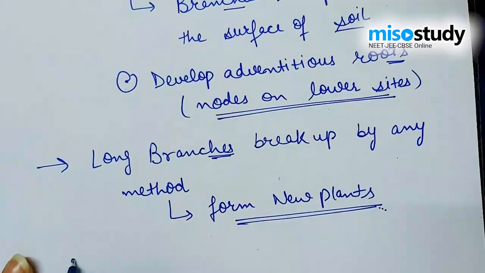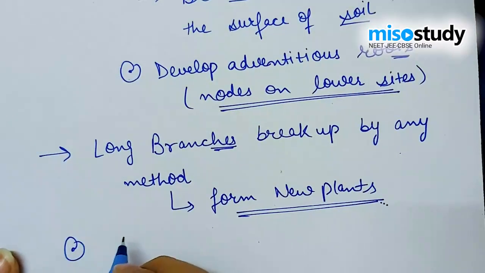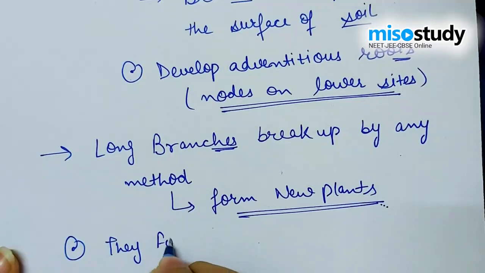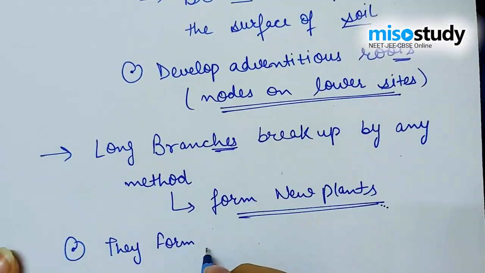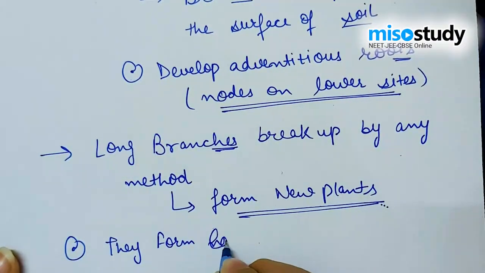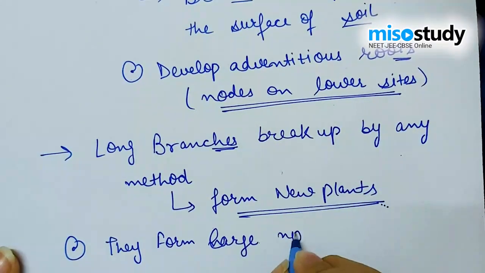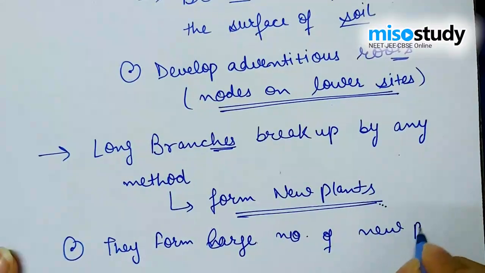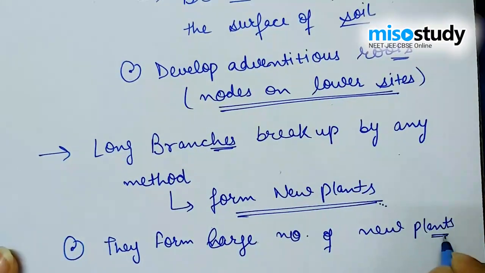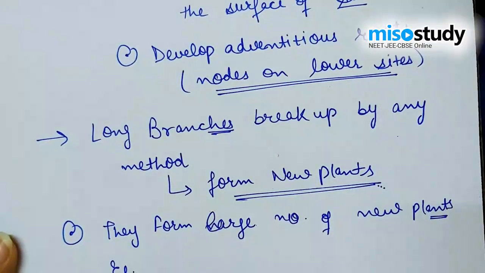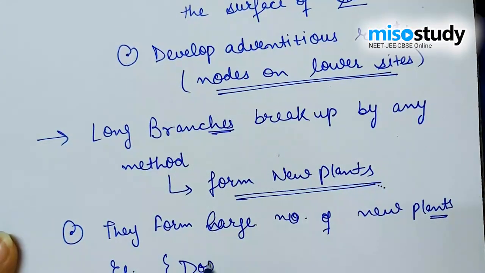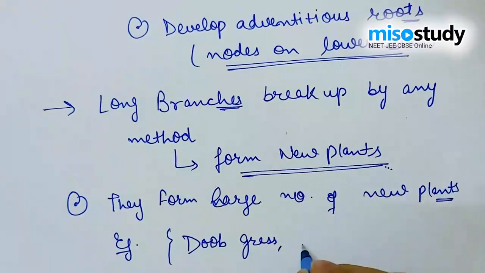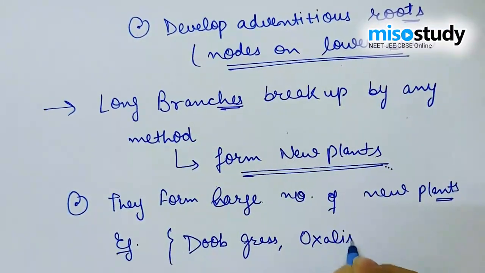In this way, by breaking their long branches, they form a large number of new plants. Examples commonly seen are doob grass, oxalis, etc.